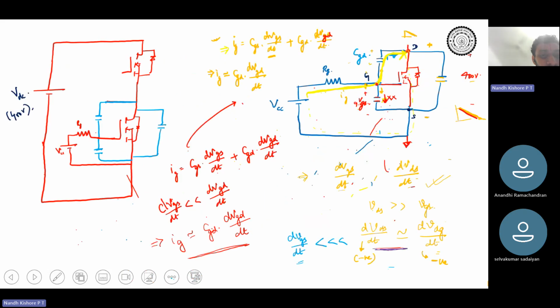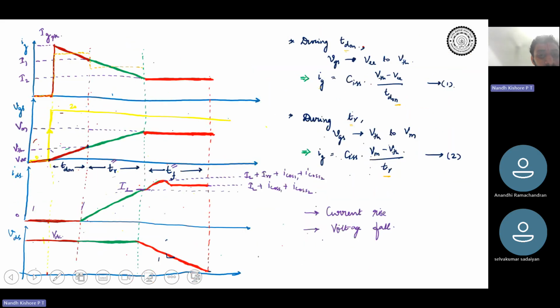That is why your gate voltage was constant, and gate current is also constant. We learned how to find TR and TF using the simple C dV by dt equal to VCC minus VGS divided by RG. Very simple equations. We just averaged it out and found out.